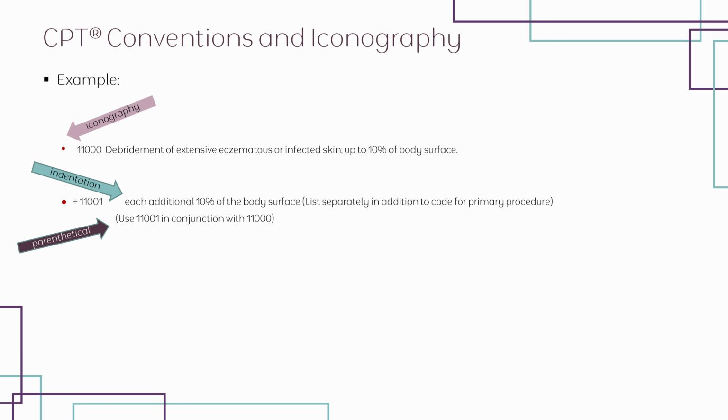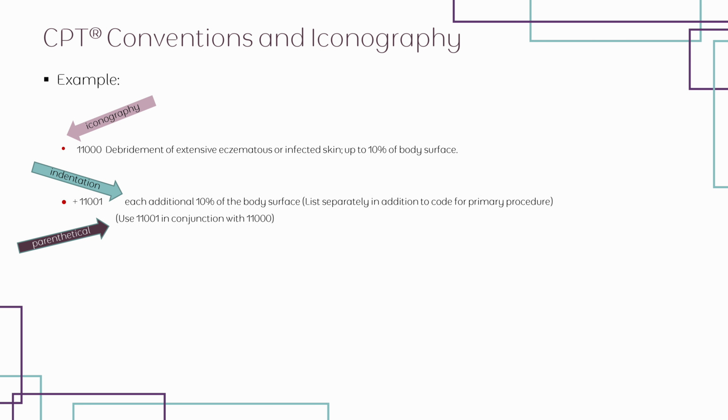This indentation means that part of 11001's description comes directly from its parent code, which in this case is 11000. In other words, you must read the full description for 11000 and then apply the additional wording provided under 11001 to fully understand the service that is being described.